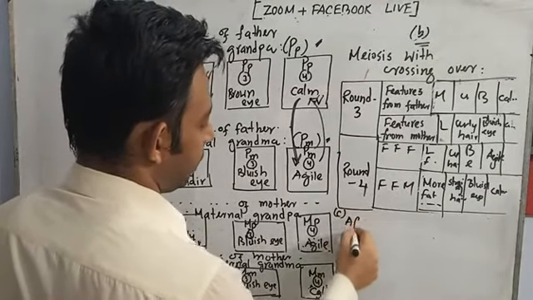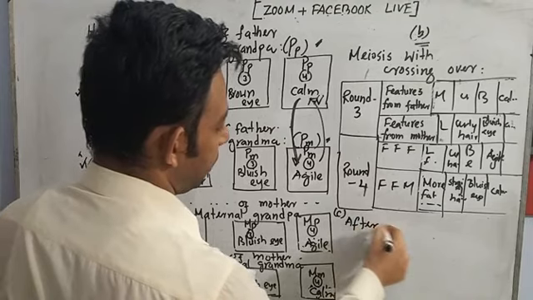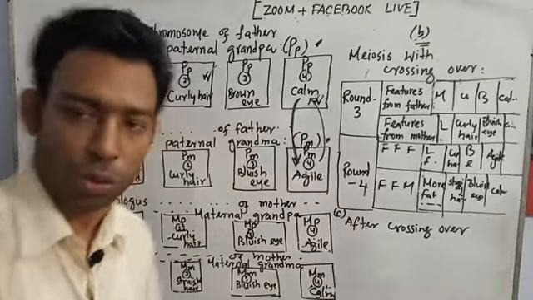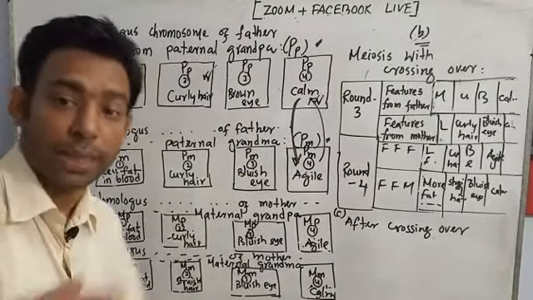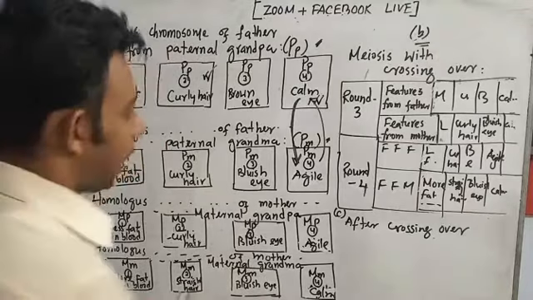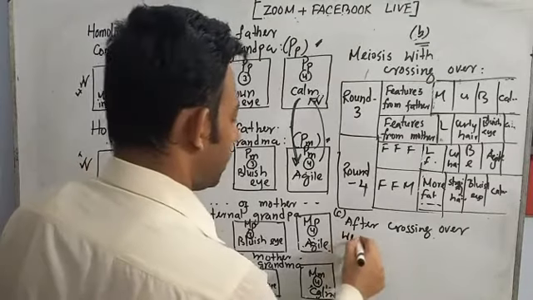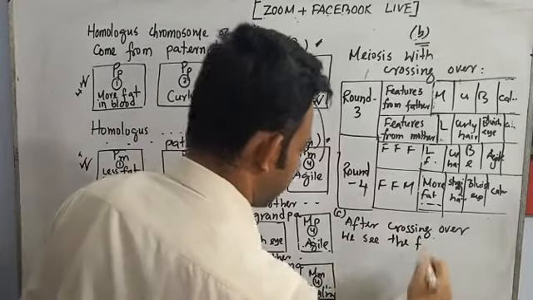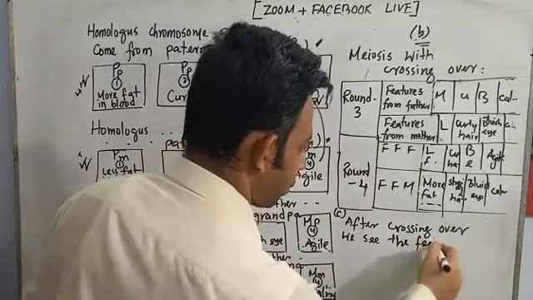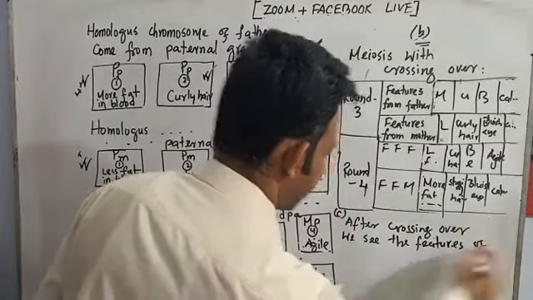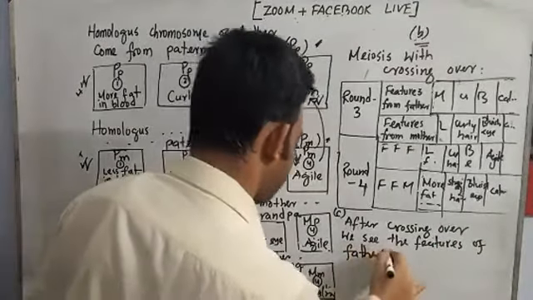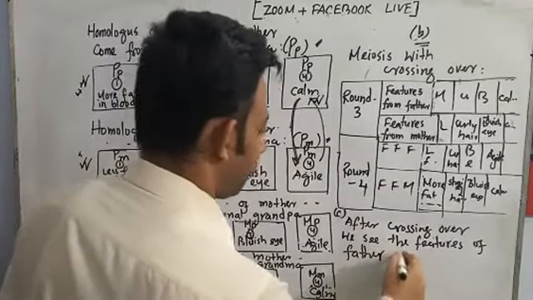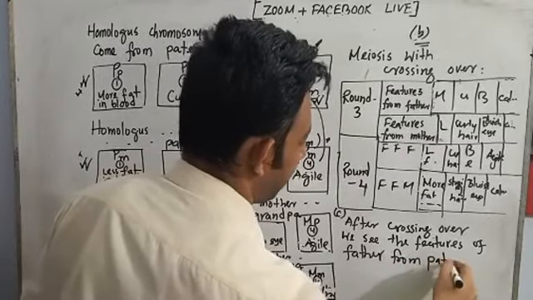C number answer. After crossing over, it is asking for 50 to 70 words, not actually more than 50 to 70, in between the 50 to 70 words. After crossing over, we see the features of the father from the paternal grandpa.